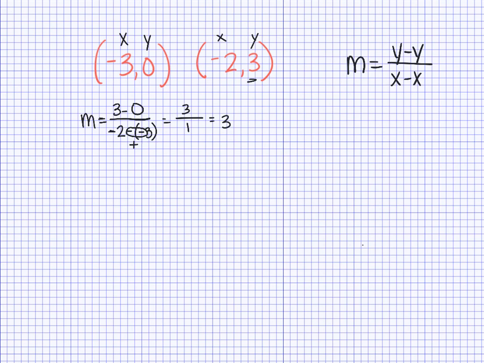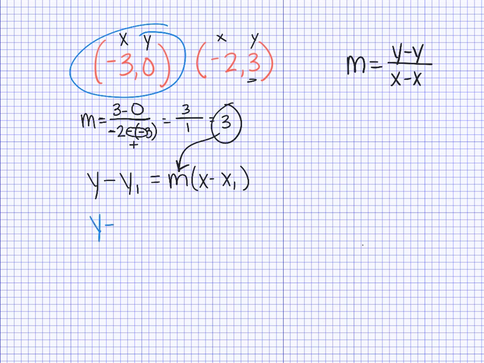Then, when I go to put it in point slope form, 3 is going to be my slope, but when you go to plug in an x and a y, it does not matter which ordered pair you choose. You can use either one, because when you end up solving them for y, you'll end up getting the same answer. But let's just go ahead and plug in this first ordered pair.